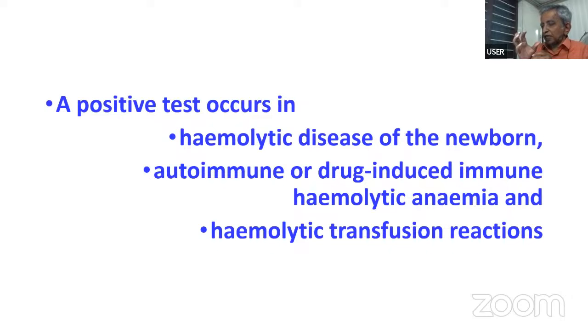If the RBC contains more than 200 antibody molecules on the surface, it will give a positive test. Suppose it is 150 molecules on the surface, the test will be negative. So you will say Coombs is negative, but actually the patient is having autoimmune hemolytic anemia. So I am talking about the situation of Coombs negative hemolytic anemia.